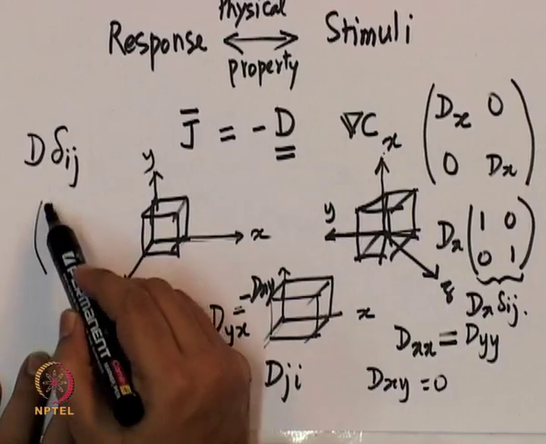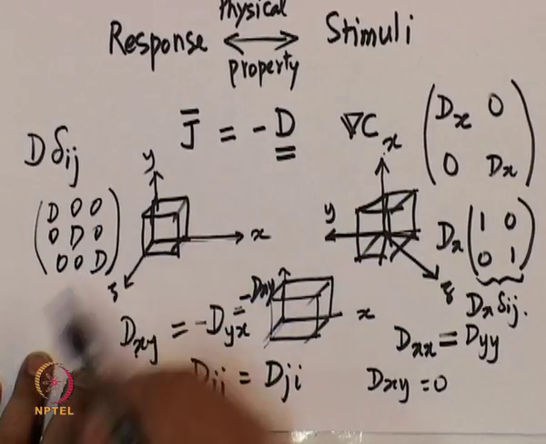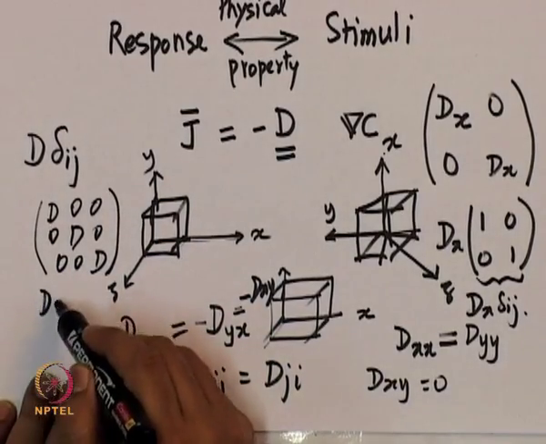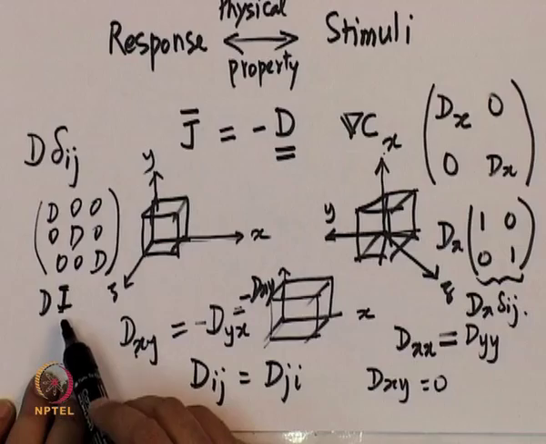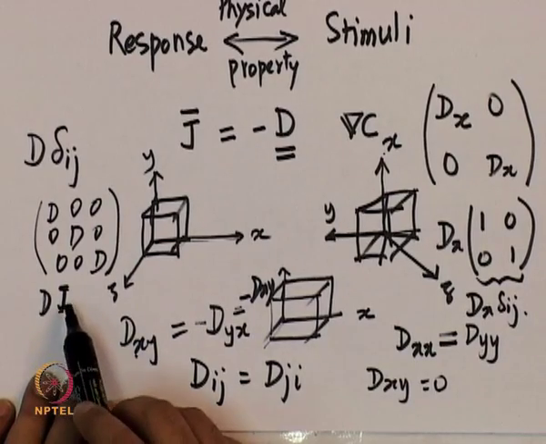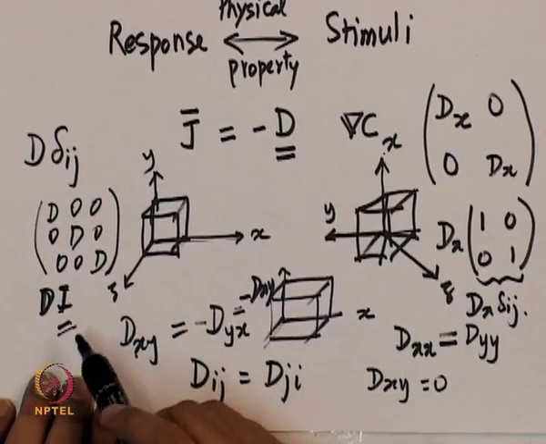So, the matrix, if you look at it, is d multiplying the I matrix, the 3-dimensional identity matrix. So, that means this is a second rank tensor, and now this d is a scalar.